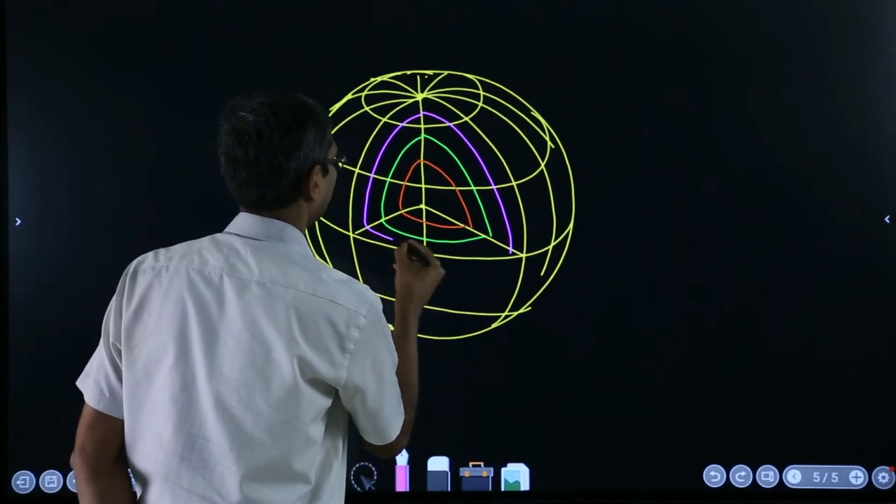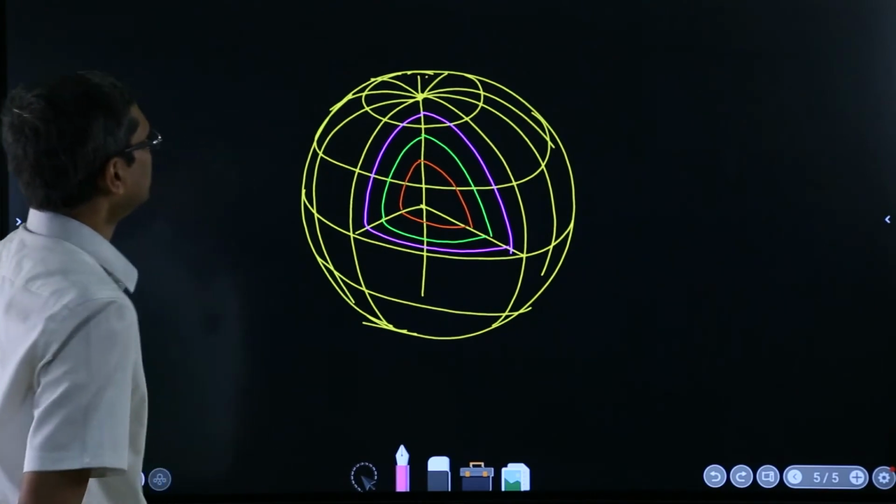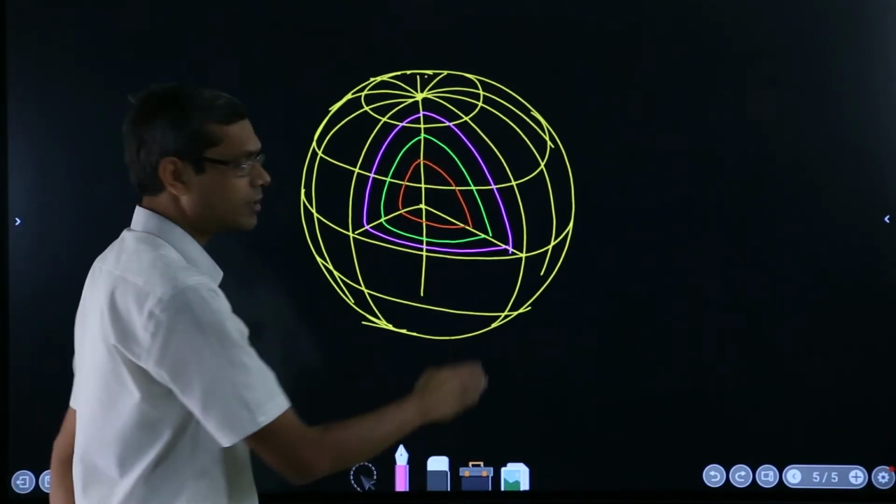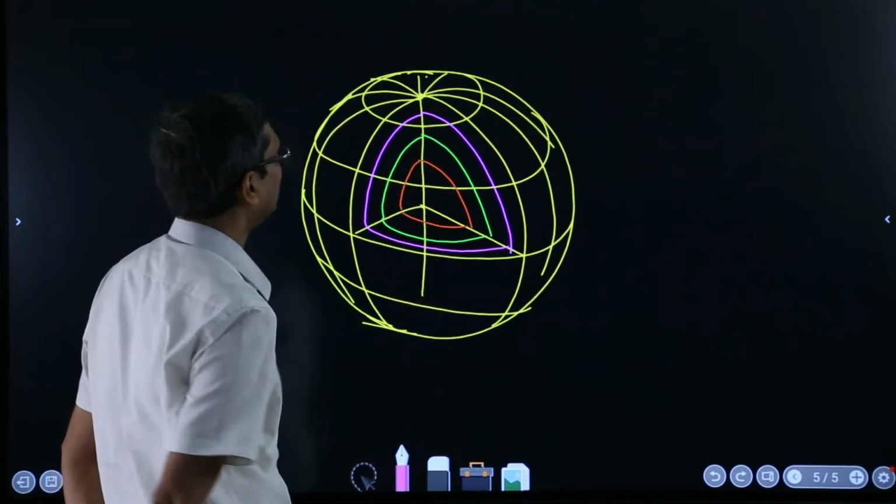So these are level surfaces at different radius values.